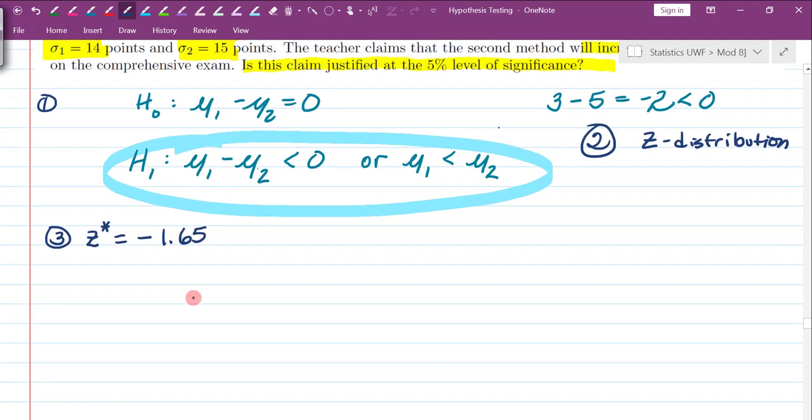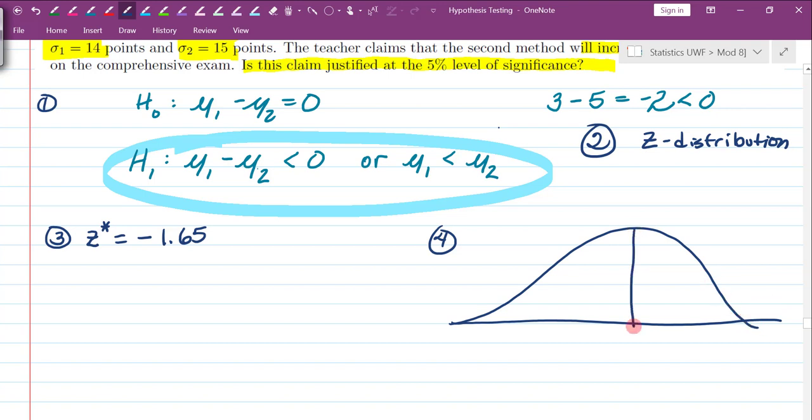Part 4 is, let's go ahead and draw a picture of our scenario. Let's put in our fail to reject as well as our rejection region. It's a left-tailed test, so we're going to have a negative 1.65 right here.